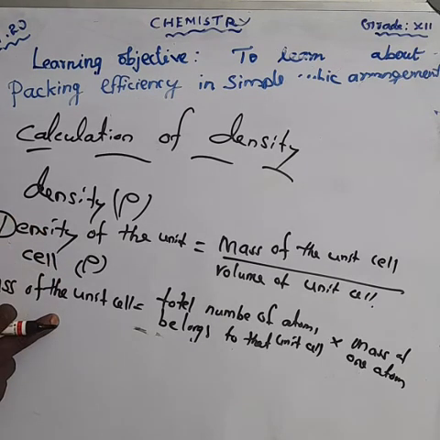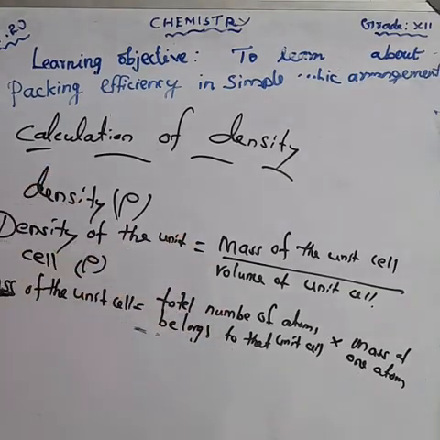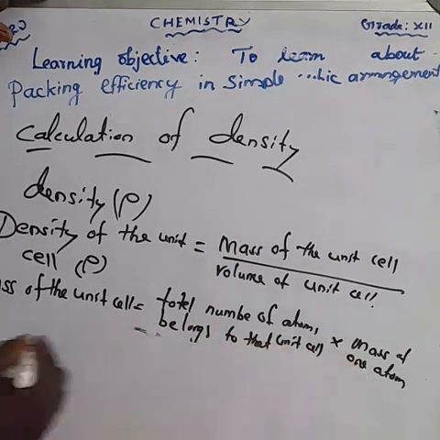The mass of the unit cell is equal to the total number of atoms belonging to that unit cell into the mass of one atom. What is the mass of one atom?